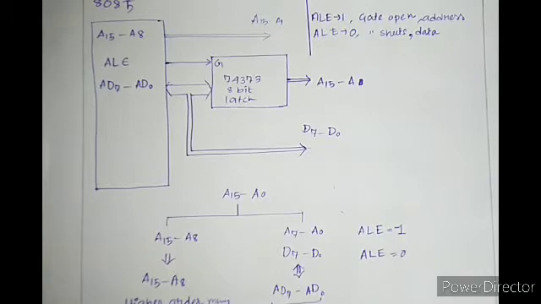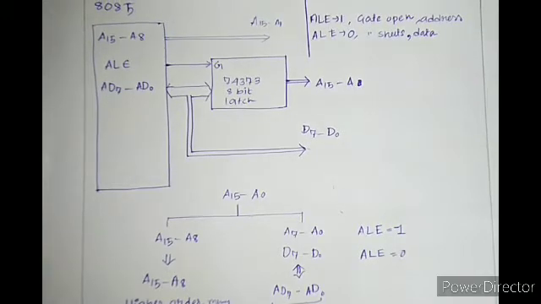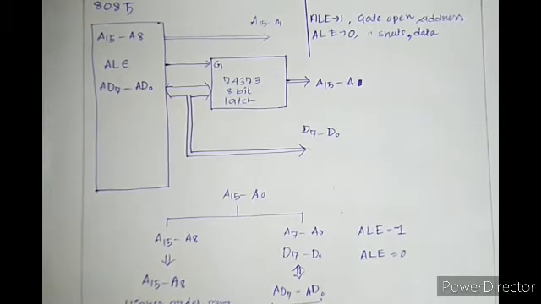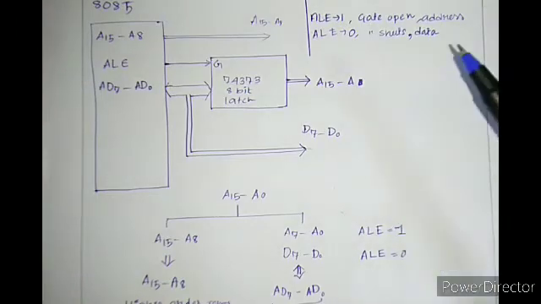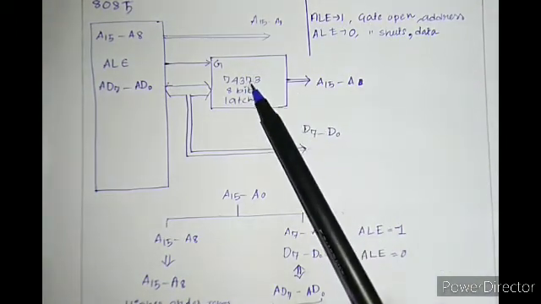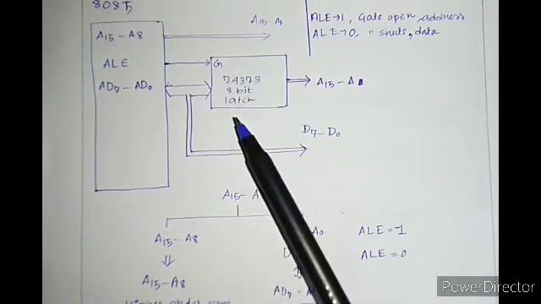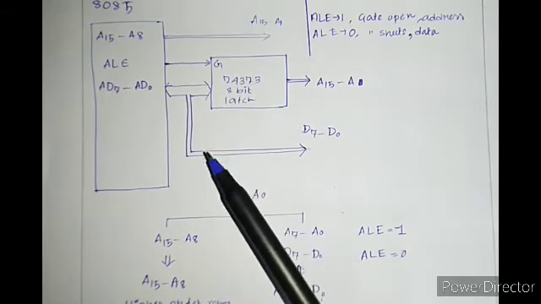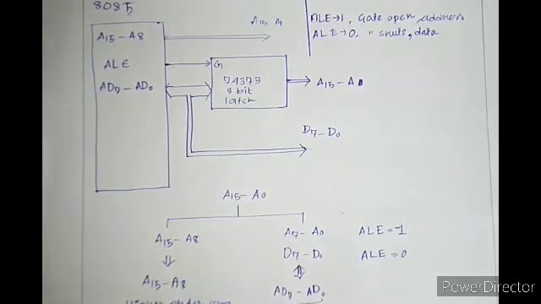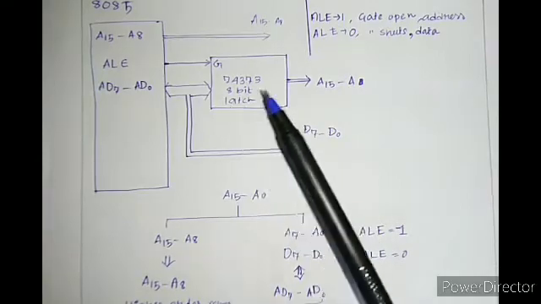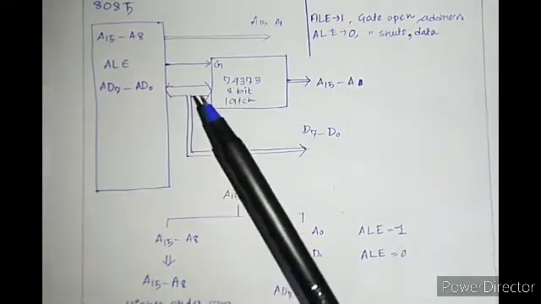I hope I'm clear. Let's understand from the diagram how this actually works. It's the 8085 MPU. Now don't get tense to see this. This is just a latch, 74373.